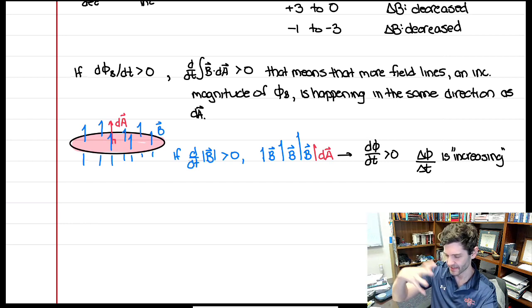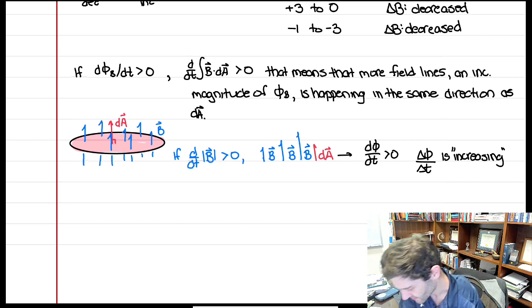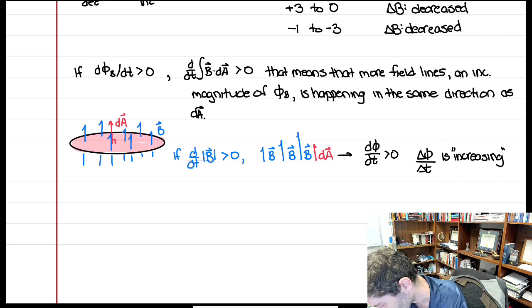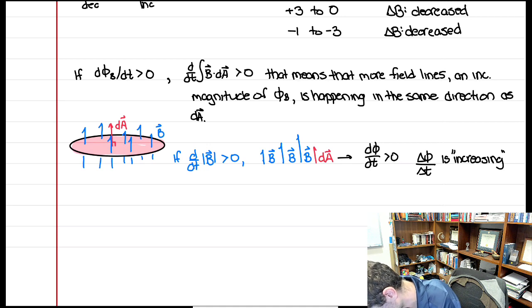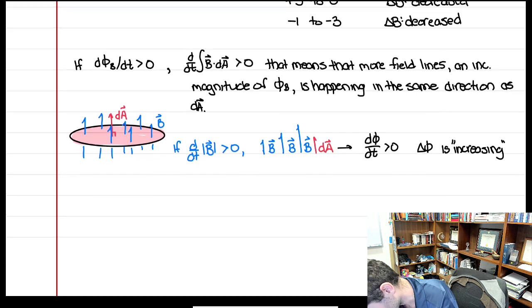I'm going to try to stick with this kind of increasing, decreasing. Now the flux is increasing. So the derivative is, yeah, really the grammar's a little off here. So I might say that if delta phi is increasing, no, that still doesn't work, right?